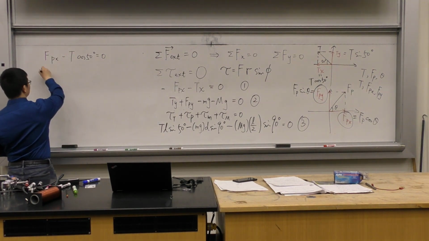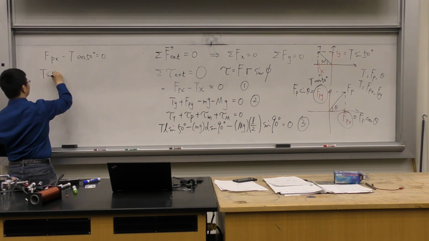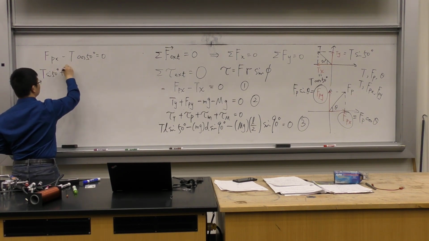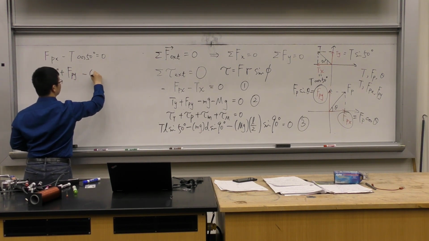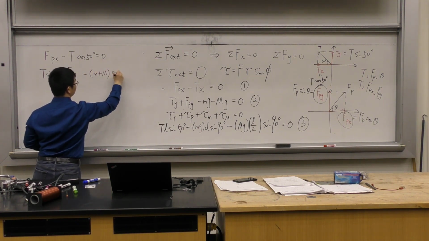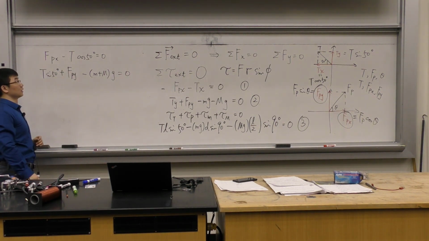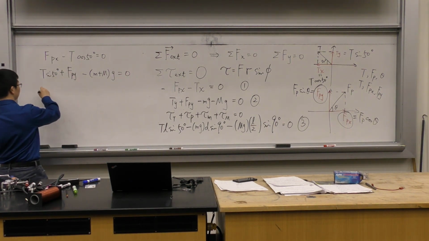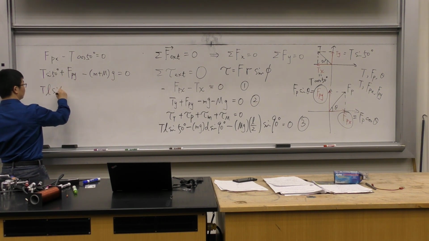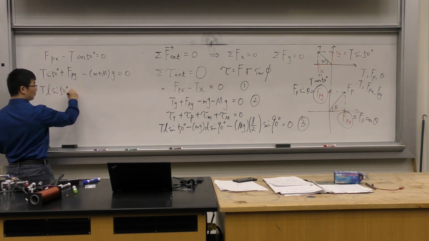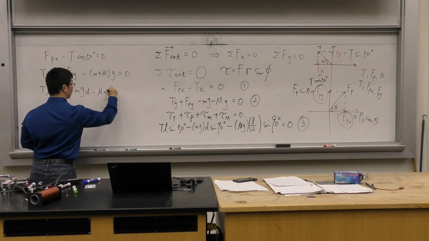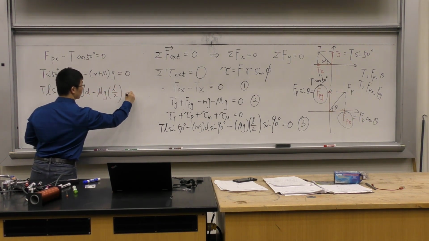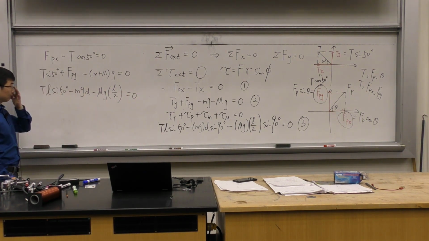The second equation is going to be T sine 50 plus Fpy minus, well, you can even combine these two terms. So that's the second equation. The third equation is going to be TL sine 50 degrees minus mgd minus Mg 1/2 L equals 0.